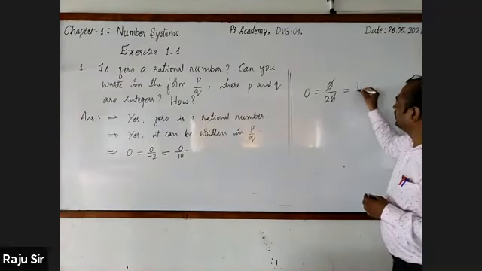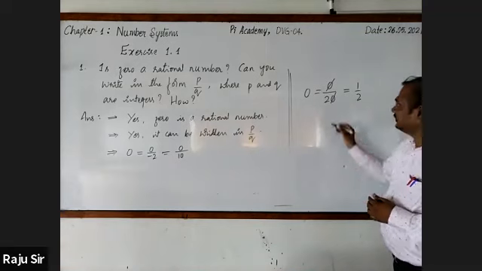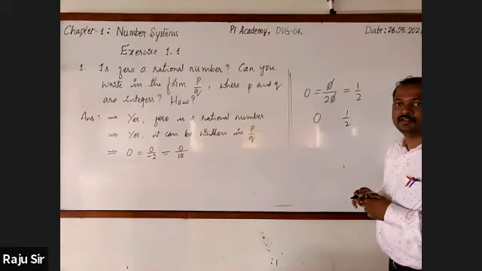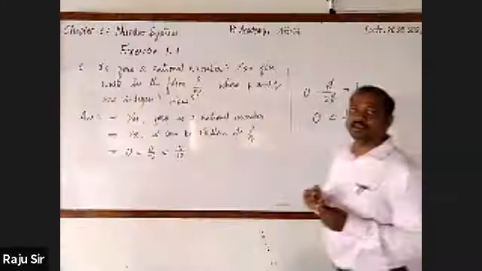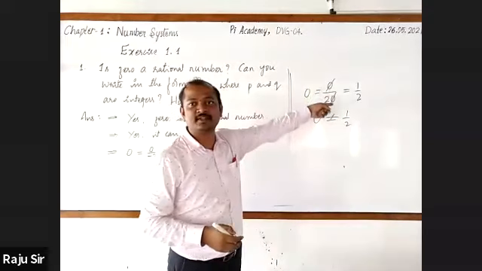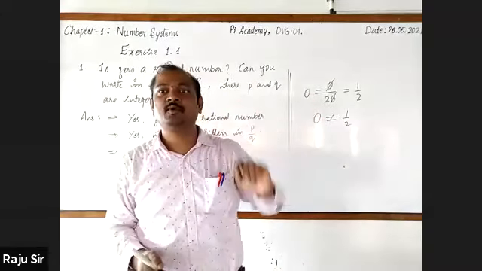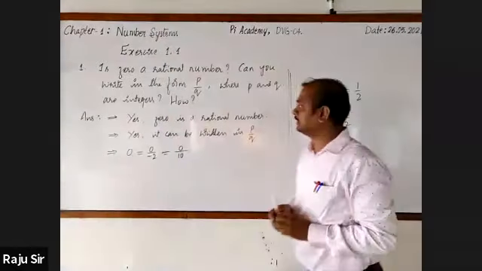He had written 1 by 2. Is it possible to write 0 as 1 by 2? No, sir. So here you should not go for cancelling 0 and 0. Got it? 0 by anything is 0 only. So do remember that. Okay, now let's move on to the second sub question.